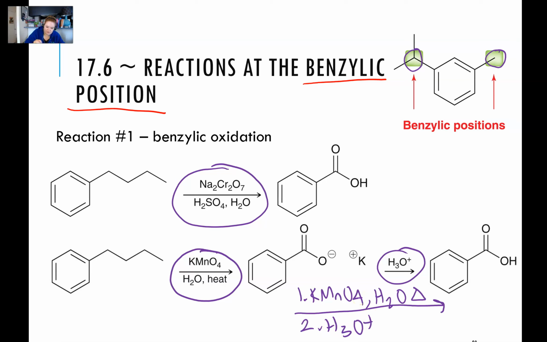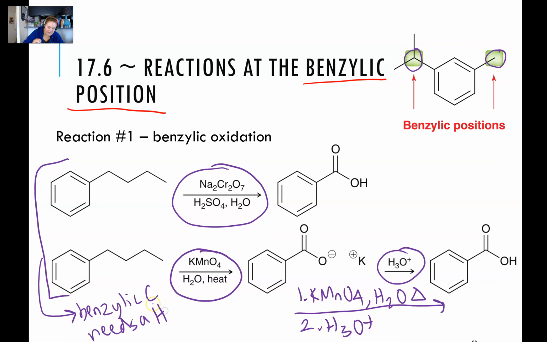The rule for our starting material, for both of these, is that the benzylic carbon needs a hydrogen. So it can't be quaternary. It has to be either tertiary, secondary, or primary, but it has to have a hydrogen attached to it.